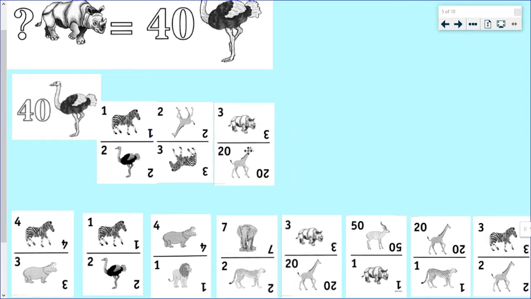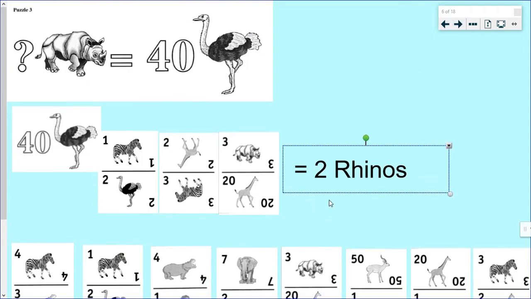I can bring this card in, and that's going to get rid of my giraffes and leave me with rhinos. So my ostriches cancel, my zebras cancel, and my giraffes cancel, leaving me with rhinos. And if I multiply these values across the top and divide by the bottom, I end up with an answer that's 2 rhinos.